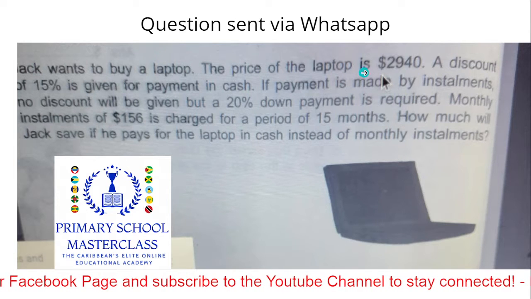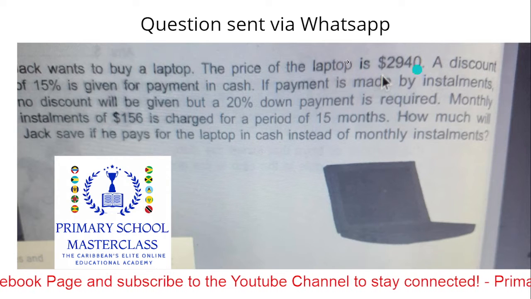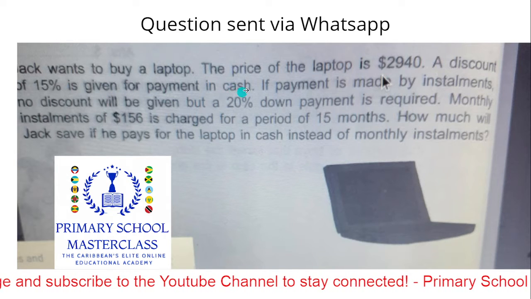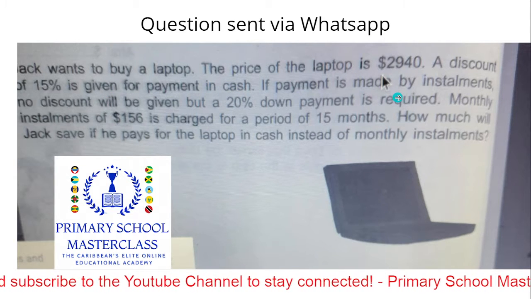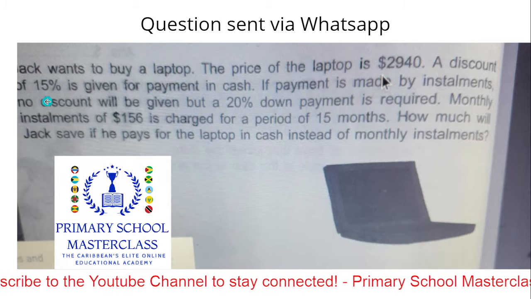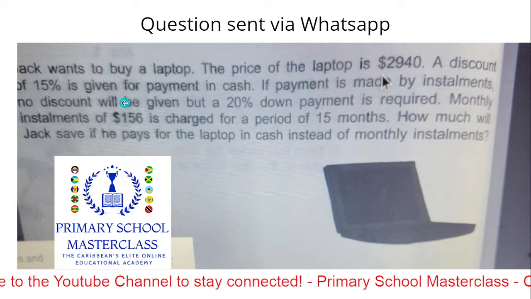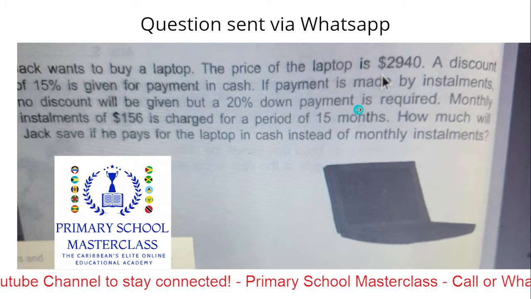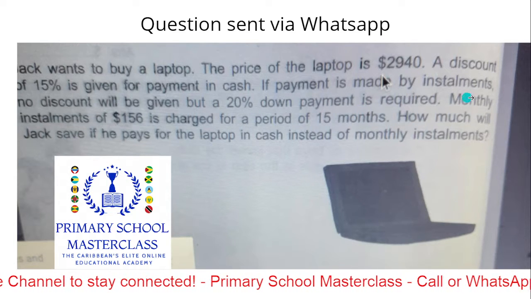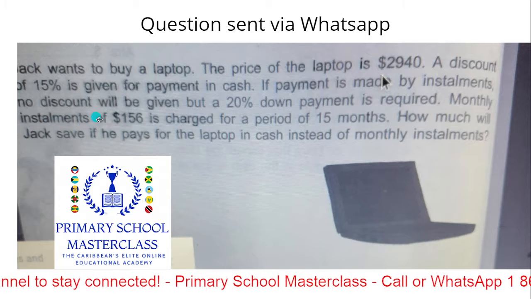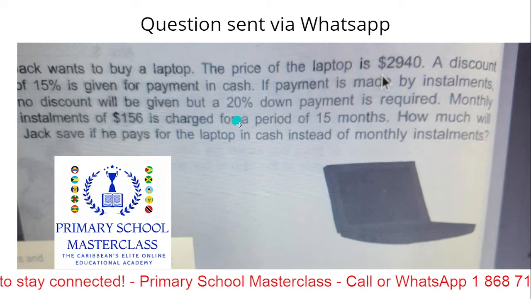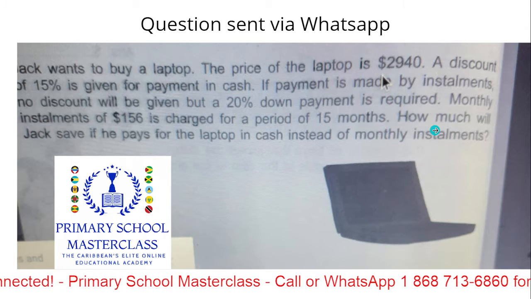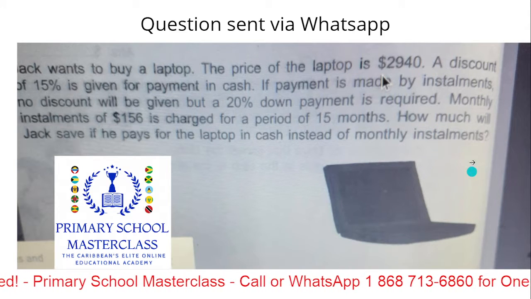If payment is made by installments, no discount will be given, but a 20% down payment is required. Monthly installments of $156 is charged for a period of 15 months. How much will Jack save if he pays for the laptop in cash instead of monthly installments? We have a nice picture of the laptop there.